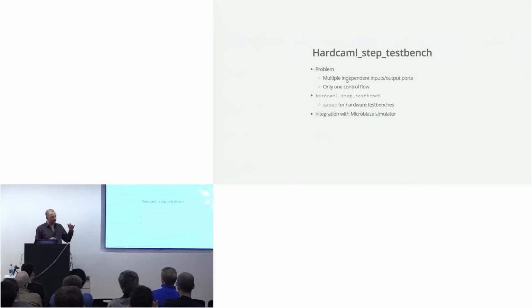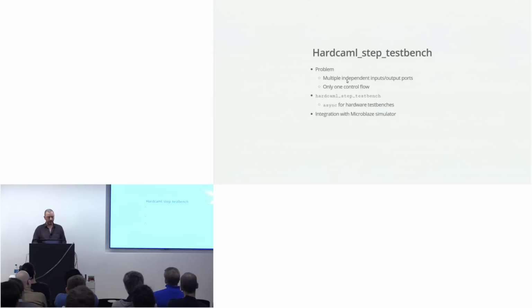And in that model where there's just one flow control, you effectively have to turn your whole test bench into a state machine to interact with all these different things. So we've written this thing called HardCaml step test bench, which you can pretty much think of as async for hardware test benches. So it allows you to have multiple independent flow controls, which can deal with different interfaces and ports on the hardware design, but still interact with each other.